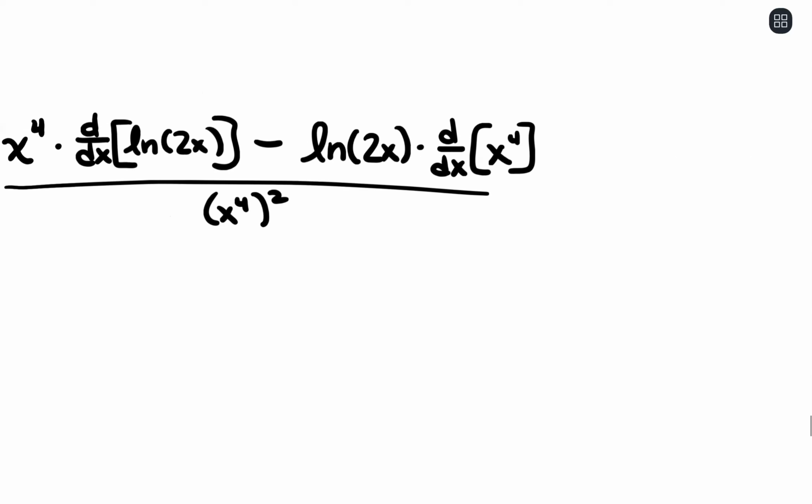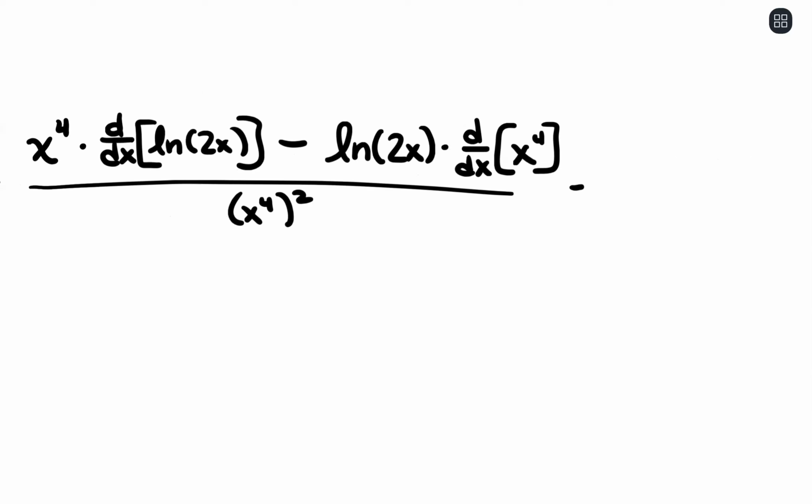All right, so we're going to have x to the 4th times the derivative of natural log of 2x. This is going to use chain rule because we have this outside function that's the natural log. Inside function is 2x. So taking the derivative of the outside tells us to go 1 over whatever's inside the parentheses, so 1 over 2x.